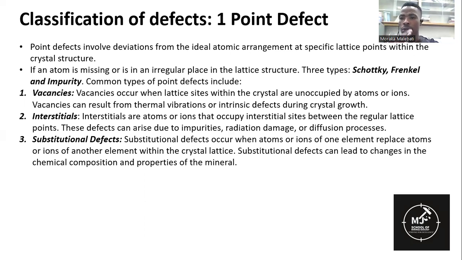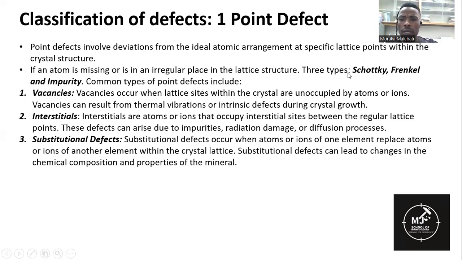You remember I showed you an ideal crystal, and then instead of putting in the real atoms, we put the points or the lattice points. If you now deviate the ideal atomic arrangement at that particular lattice point, we form this point defect.